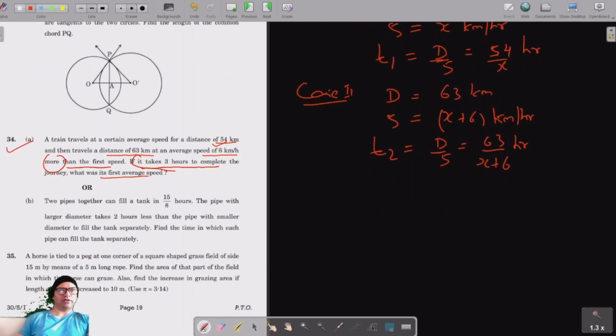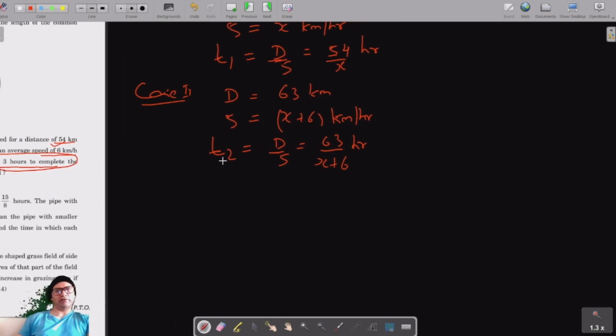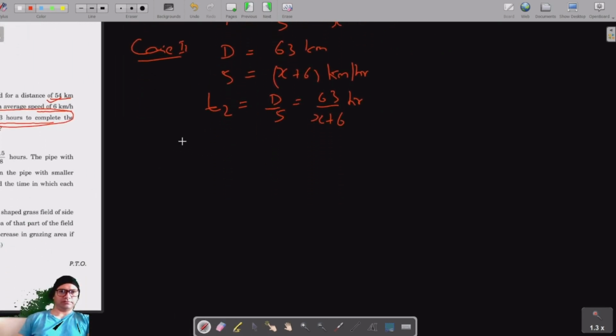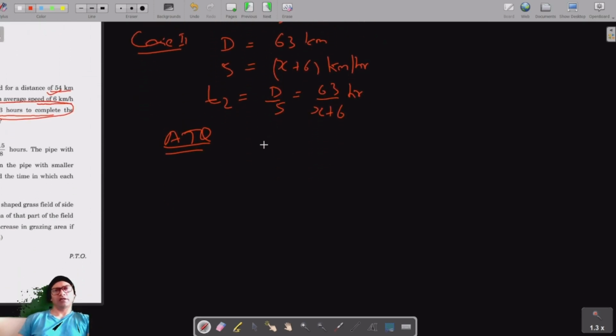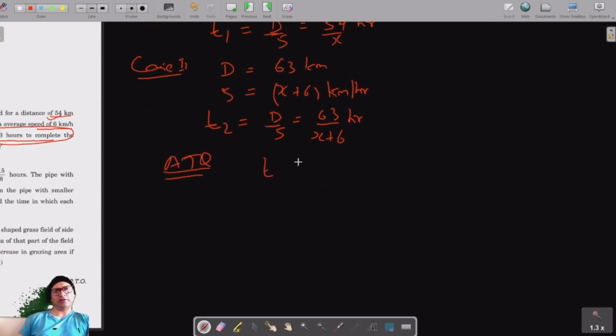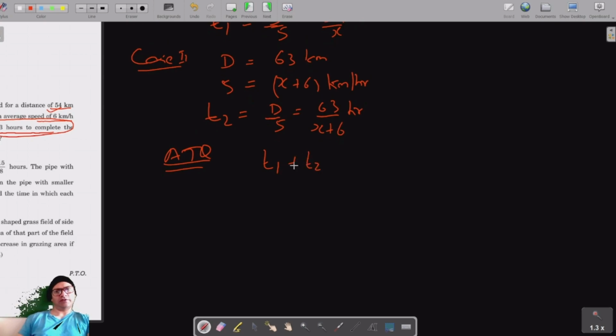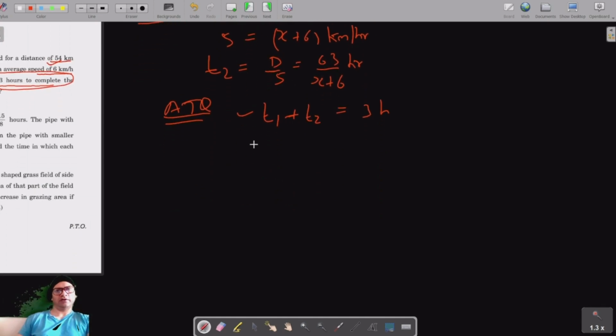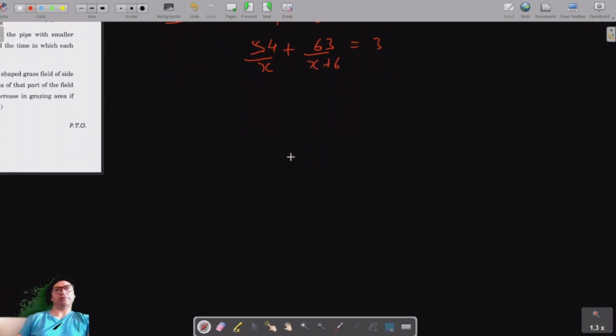It says that the total time is 3 hours to complete, so according to the question, total time, that is t1 plus t2, is equal to 3 hours, and so 54 upon x plus 63 upon x plus 6 is equal to 3.